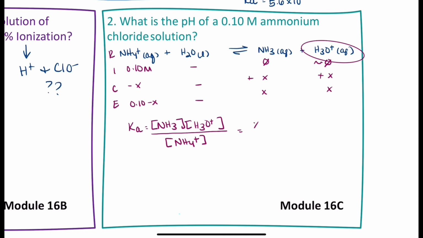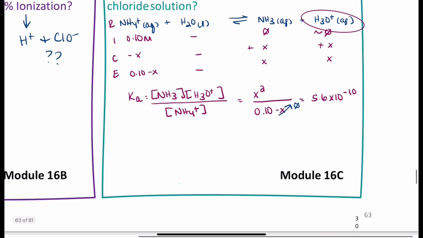Plug in what we have from our table: x squared over 0.10 minus x equals 5.6 times 10 to the negative 10. Most likely the x can be ignored because 5.6 times 10 to the negative 10 is very, very small, but we will check our assumption in a minute.